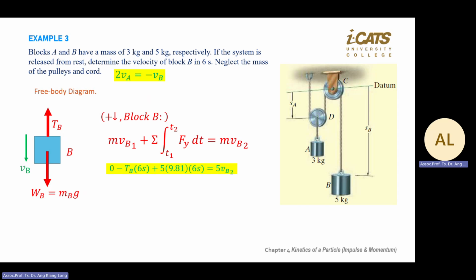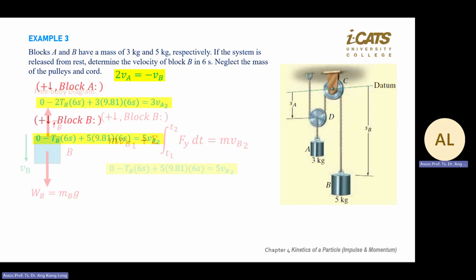Right, just now it was 2TB, now it's only 1TB. And plus W. A careless mistake is on the direction because go down is positive, so your TB is negative and not positive. Yeah, careless mistakes. So you solve these two equations, solve the simultaneous equations.